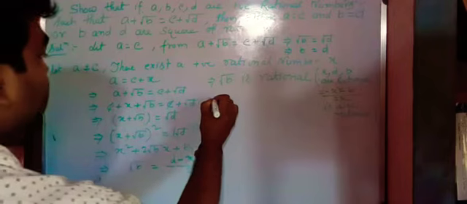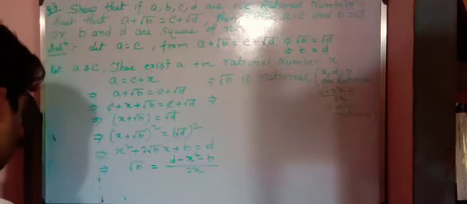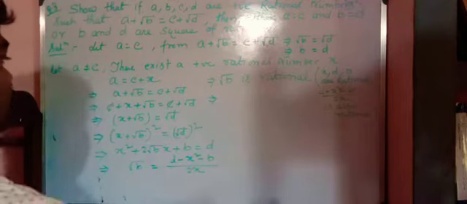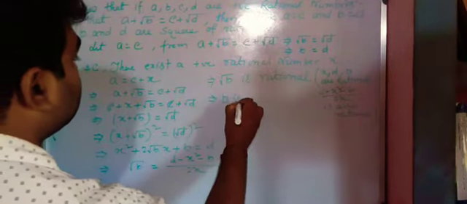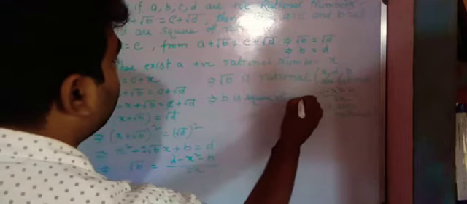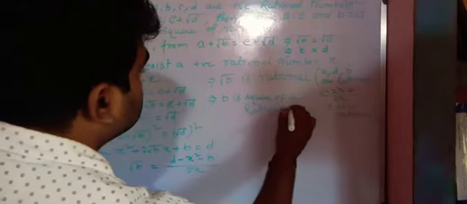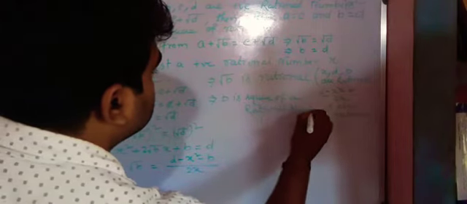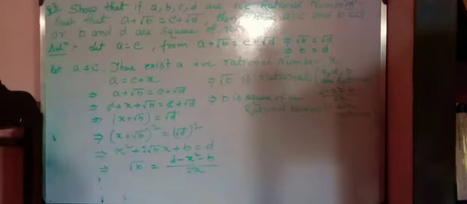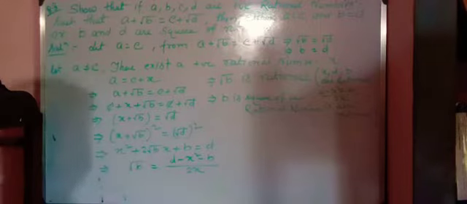That's implying b is a square of a rational number. So b is a square of a rational number.